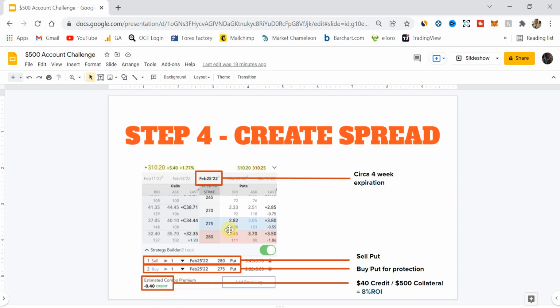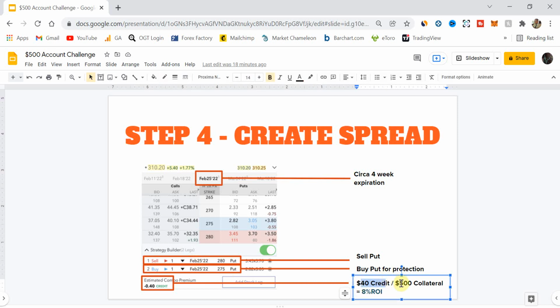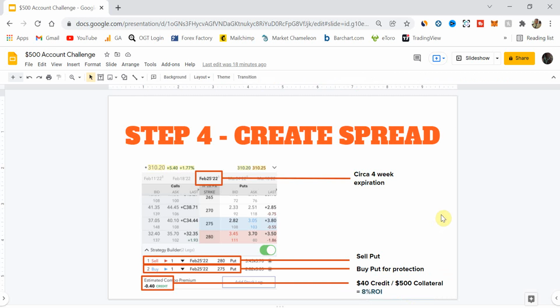Instead of getting $345 credit, you bought this put as protection, and you're making a net credit of around 40 cents per share times 100, so that's $40 net credit. So if we work it out, you're going to receive $40 credit divided by $500 collateral, which is the difference between your strikes. That equals an 8% return on your money.